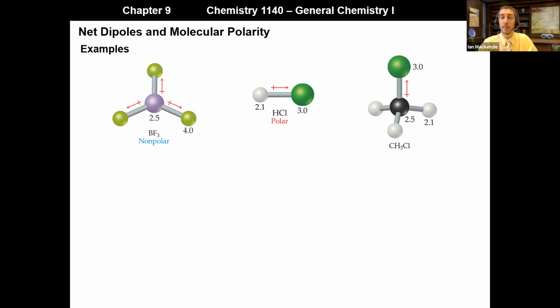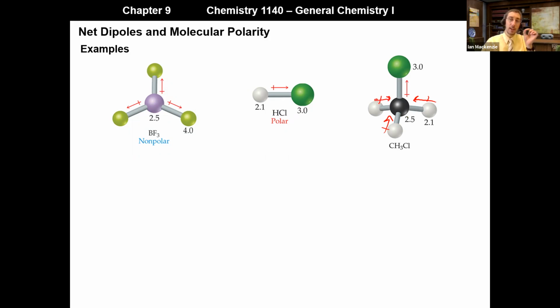Something like chloroform here, CHCl3, in this case, there are some bond dipoles drawn between carbon and hydrogen, where carbon is actually more electronegative. So all of the bond dipoles from each of these are pointing towards the carbon.